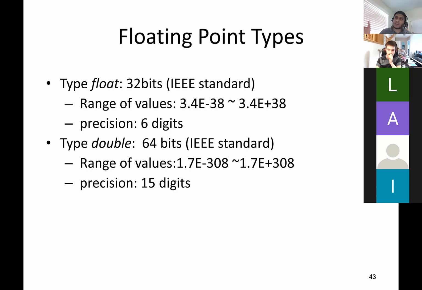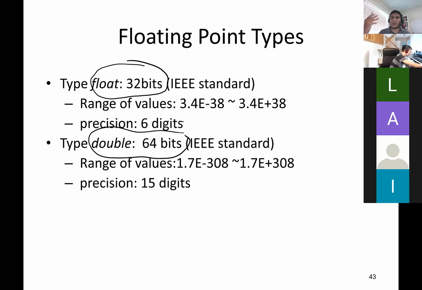Generally, double precision is 64-bit, so it's either represented using two 32-bit registers or a single 64-bit register in a modern machine, while single precision is only 32 bits. Good. So as you can see here, float is a smaller, less precise type compared to double. Good.